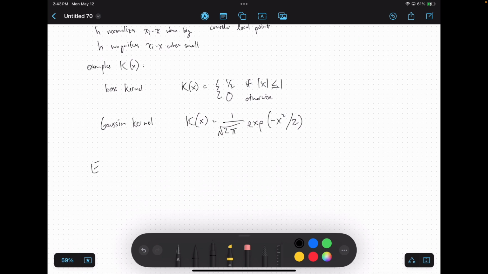And then there's the Epanechnikov, I don't actually know how to pronounce it, kernel. So k of x is equal to 3/4, let me write that better, 3/4 times 1 minus x squared if the absolute value of x is less than or equal to 1, 0 otherwise.